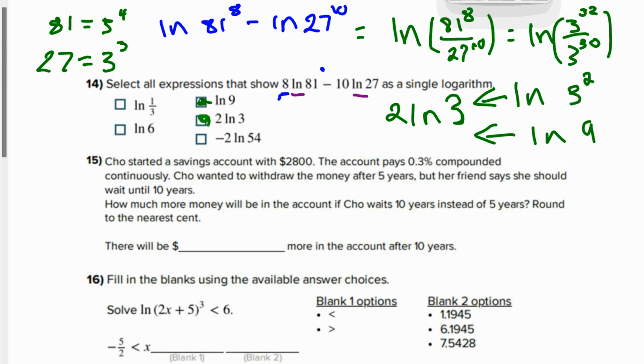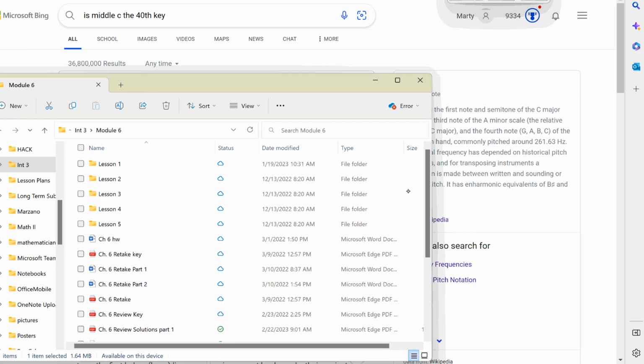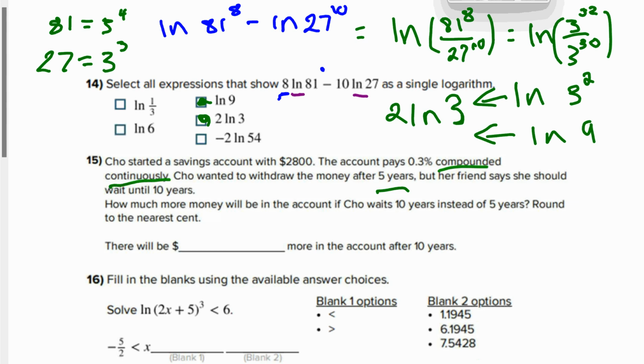All right, we're dealing with continuously compounded interest. She wants to withdraw her money after 5 years, but her friend says she should wait until 10 years. Awesome. So we want to figure out how much money will be in Chow's account after 10 years instead of 5 years. How much more money, right?